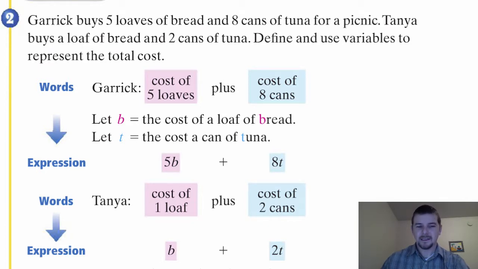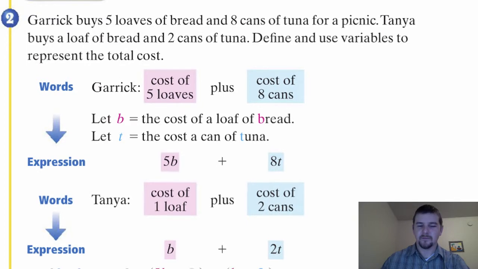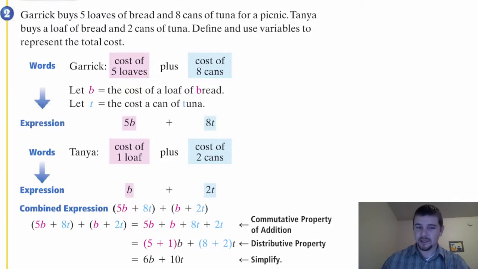Similarly, Tanya's total cost will be the cost of 1 loaf plus the cost of 2 cans. Using the same variables, we find the expression B plus 2T. Combining those expressions, we have 5B plus 8T, representing Garrick's cost, plus B plus 2T, representing Tanya's cost.